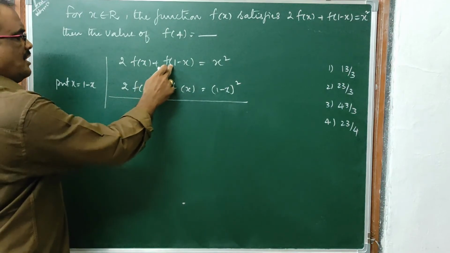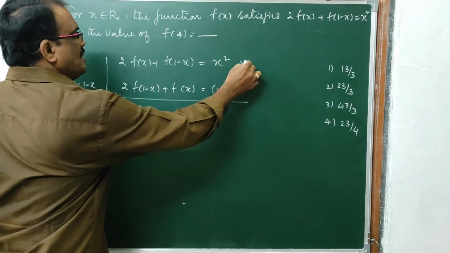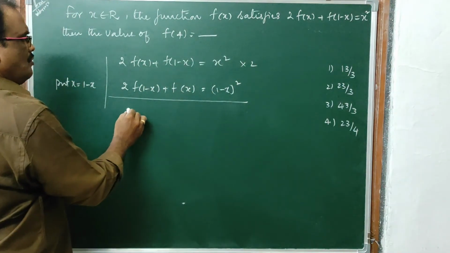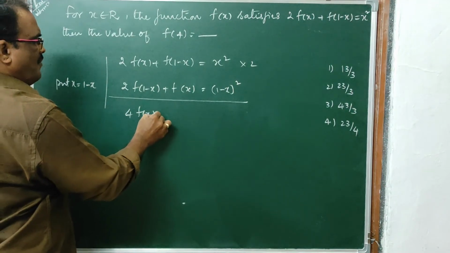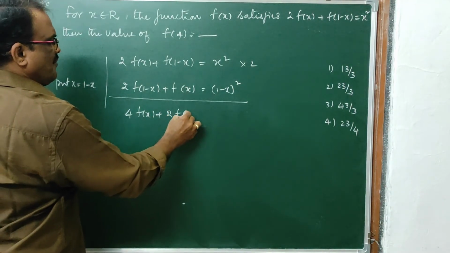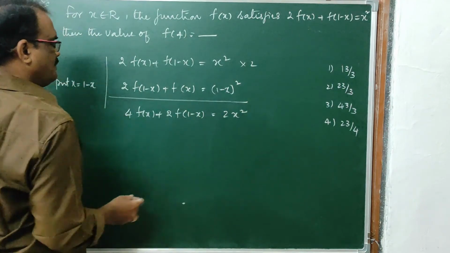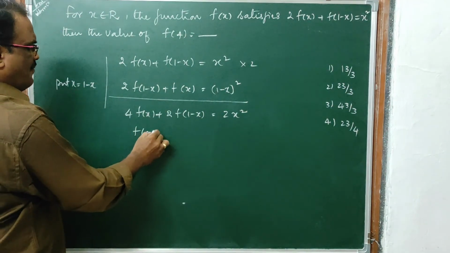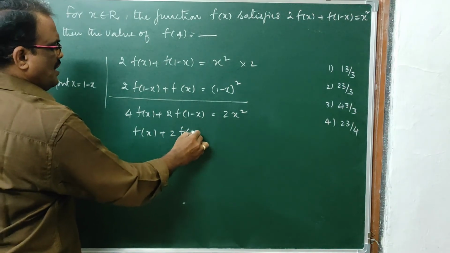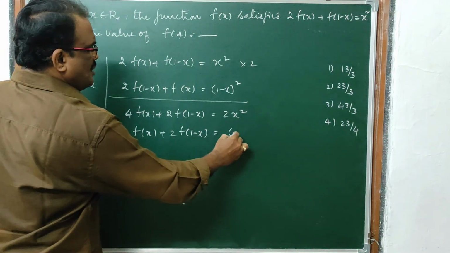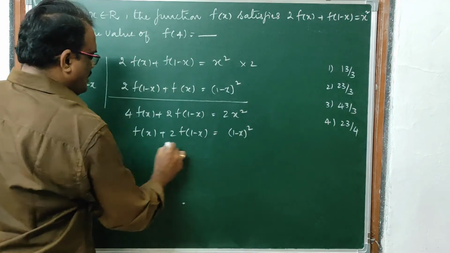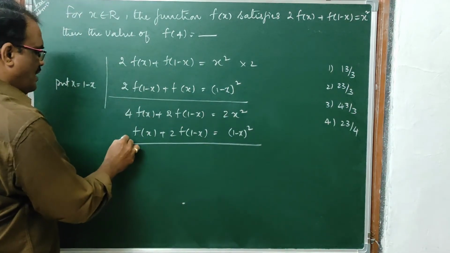So in order to get it cancelled, I multiply this equation by 2. So you will have 4f of x plus 2f of 1 minus x is equal to 2x square, and f of x plus 2f of 1 minus x is equal to (1 minus x) whole square. Observe carefully.